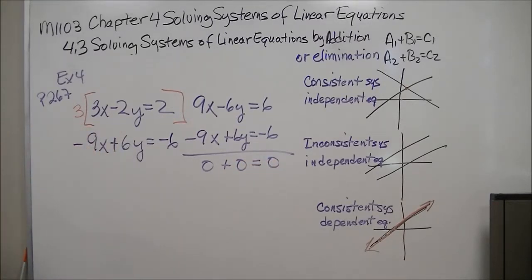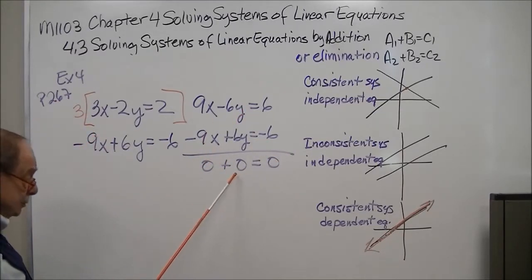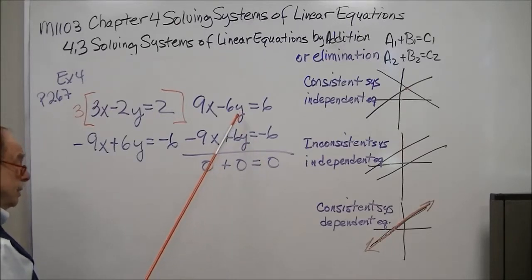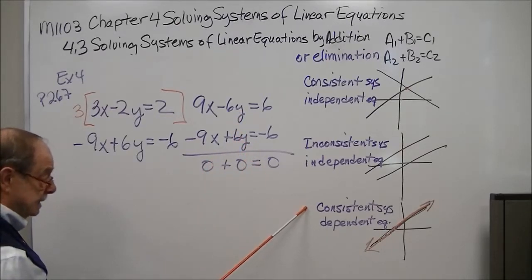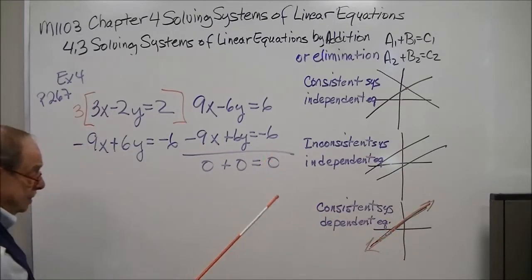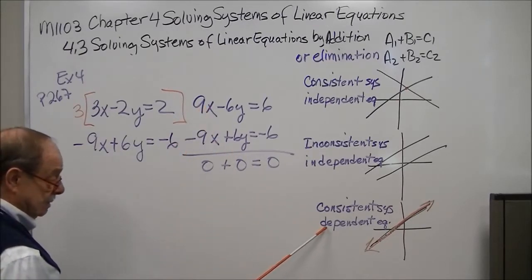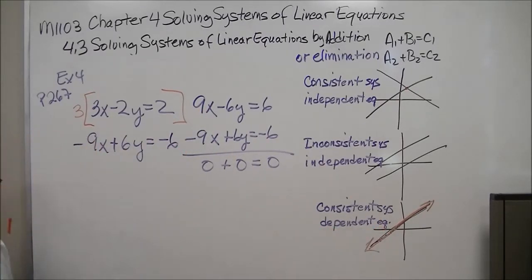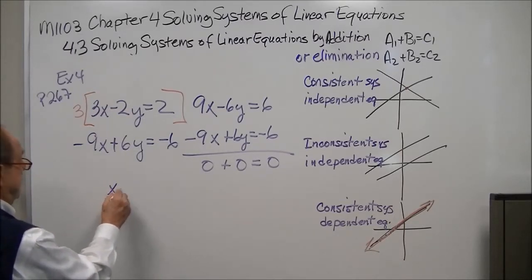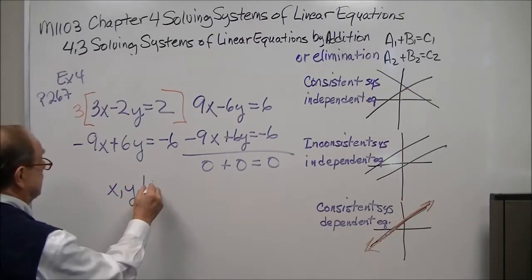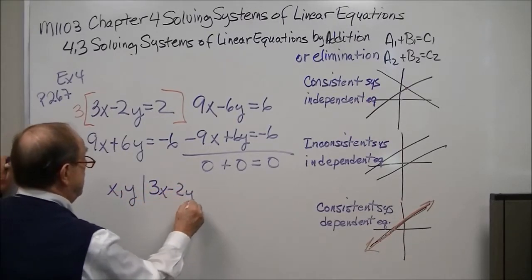Well, in fact, we have the case in which these are actually the same equation, just disguised in the algebra. So we have here a true statement where they're being the same line, they are consistent because there's an infinite number of solutions. And since the equations are the same, they are dependent equations. And we write the answer in set builder notation. We take any one, we'll say x comma y is such that 3x minus 2y equals 2.